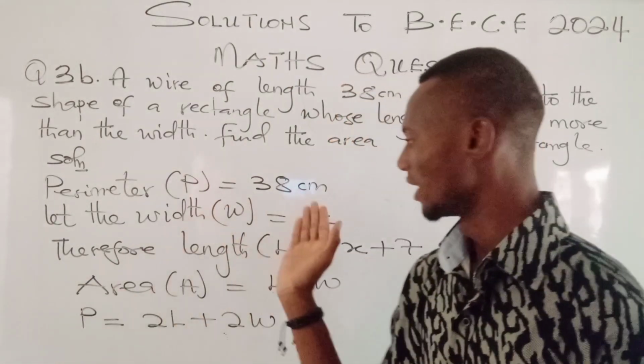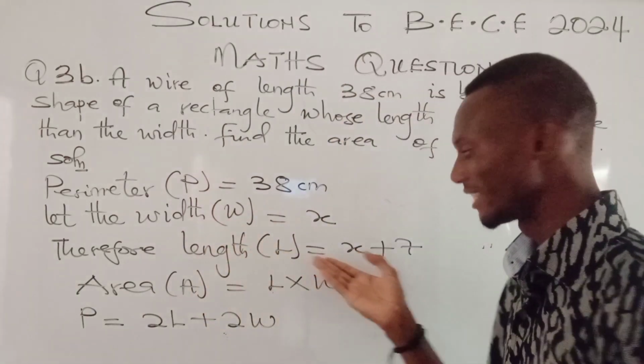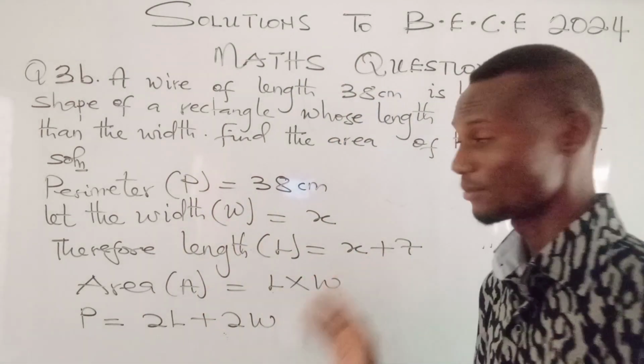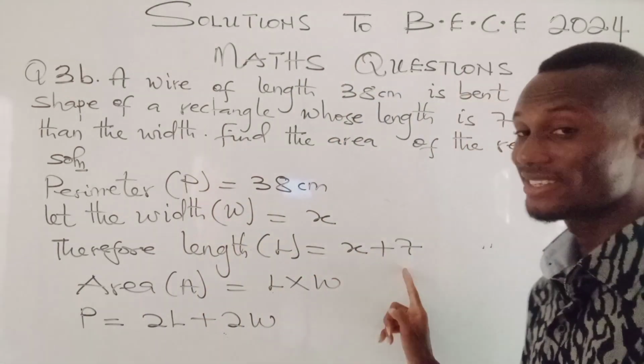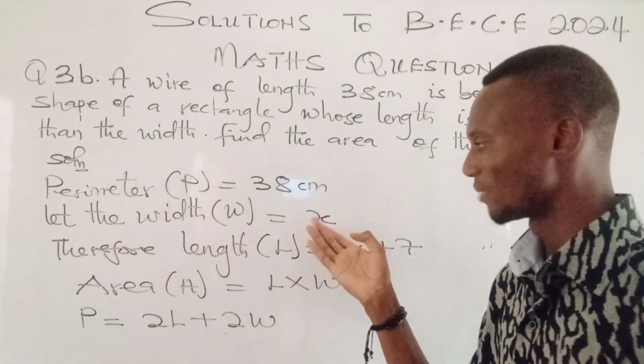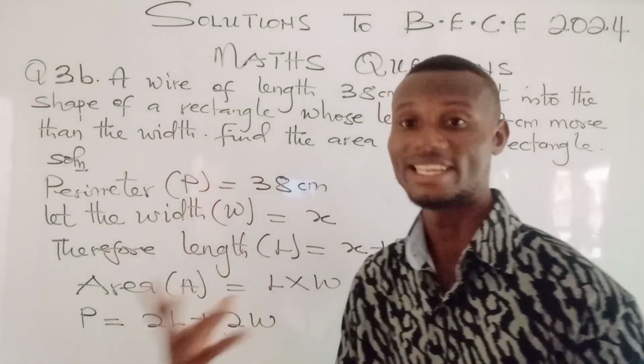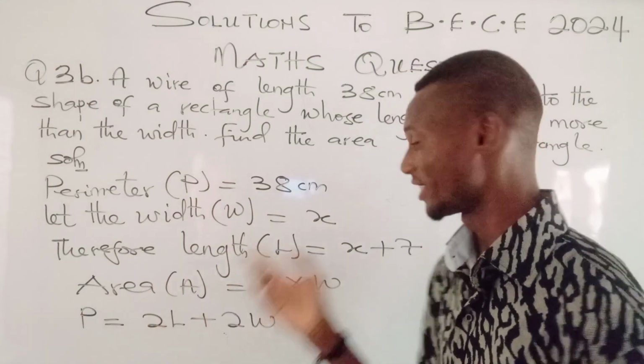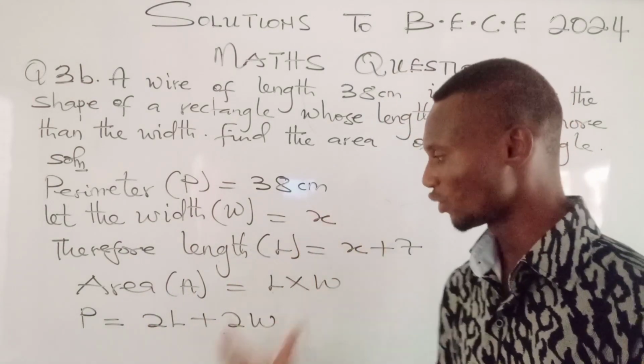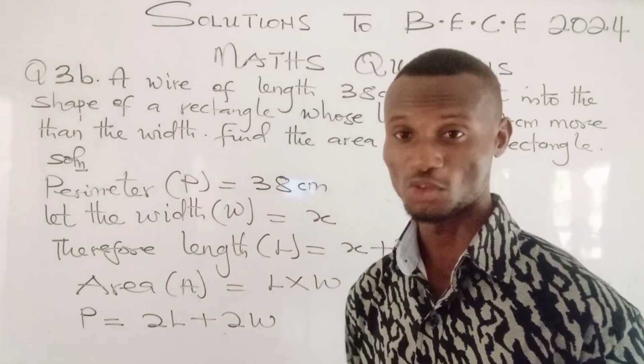We know the length has been given as an expression in terms of S, which is S plus 7, and the width we represented by a variable, which is S. So we are going to input the values and solve for S.